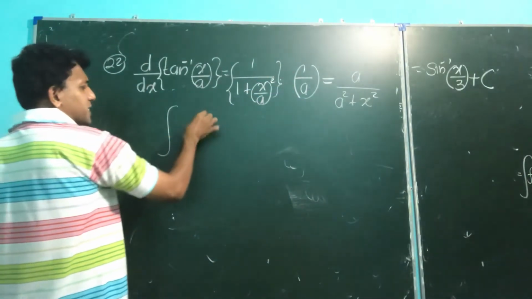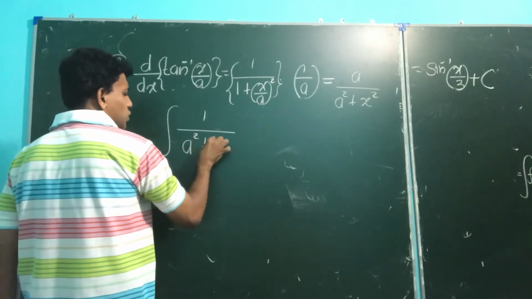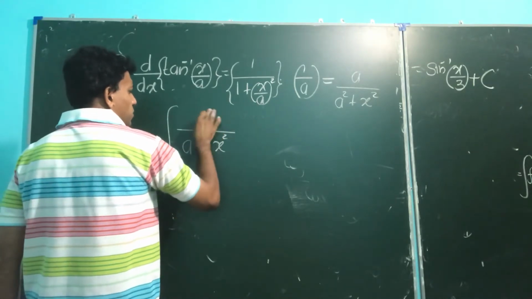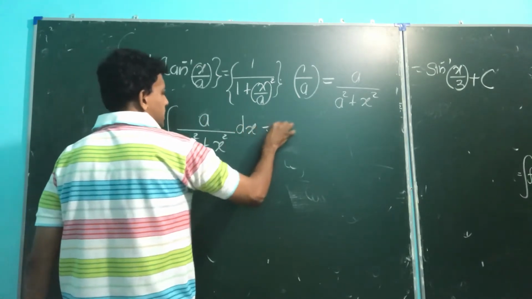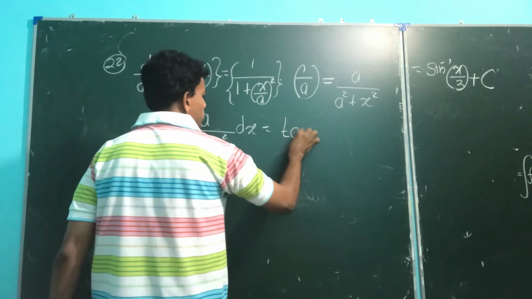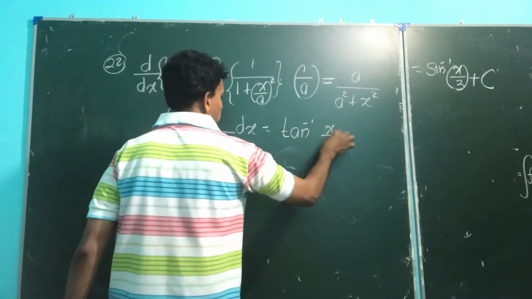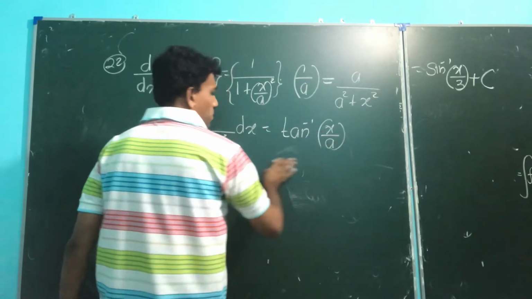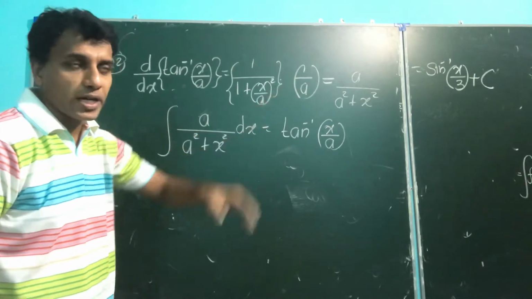Therefore, what is the integration technique? Reverse of the differentiation. This answer is tan inverse x over a. But we won't write this pattern; take the a to that side, since a is a constant.